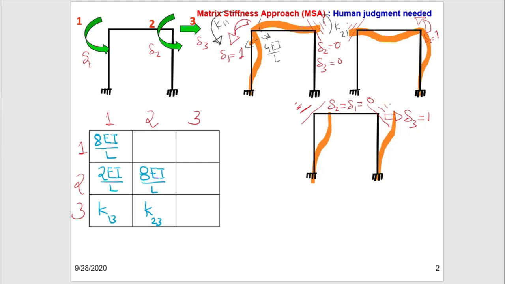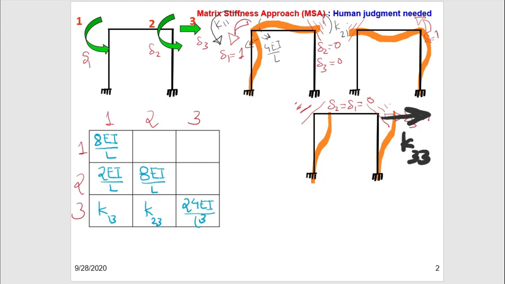The horizontal force required to move the structure in this configuration will by definition be equal to K33, and by use of the basic slope deflection relations we know that this is equal to 24 EI by L cube. Each column contributes 12 EI by L cube.